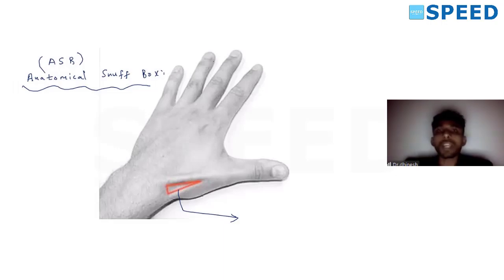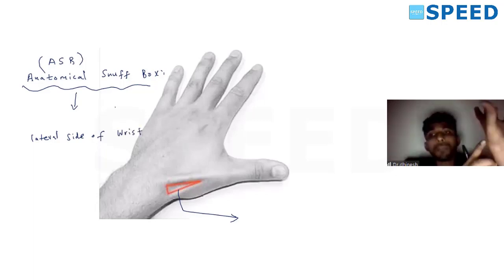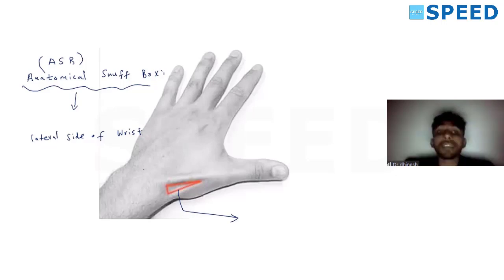Can you tell me the location of the anatomical snuff box? Yes, the anatomical snuff box is located on the lateral side of the wrist. You will be able to see it only when the thumb is extended.